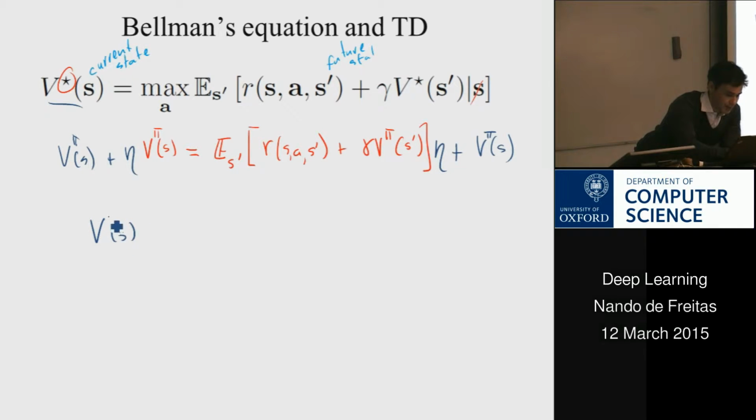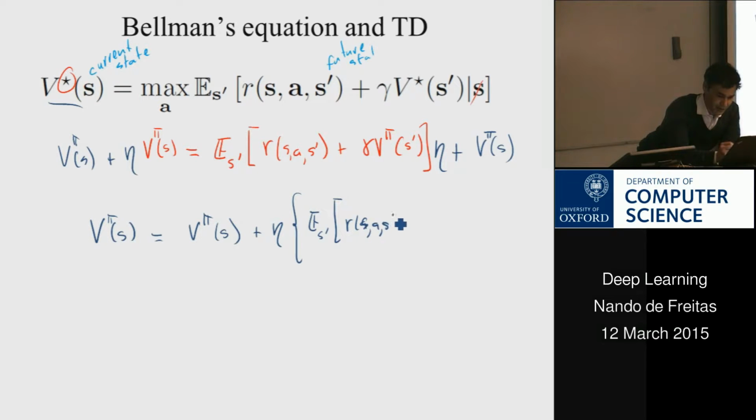And so v pi of s is going to be equal to v pi of s plus eta, the expectation over s prime of r of s and a and s prime, plus the value function at the next state discounted by the discount factor, minus, because I'm moving this guy to the other side, minus v pi of s.